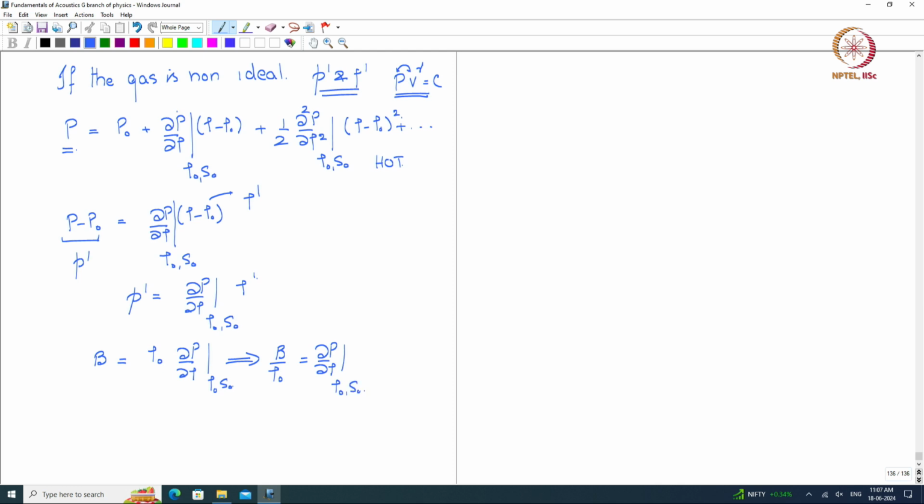So that P dash is B by rho 0 into rho dash, where B is the bulk modulus.